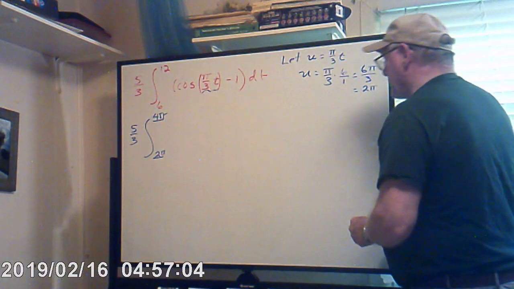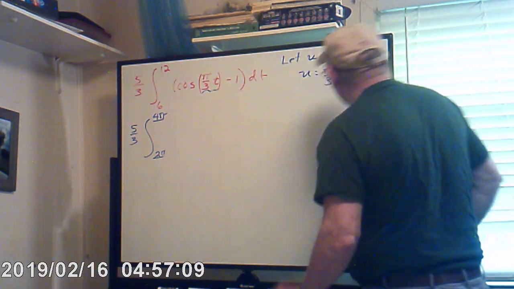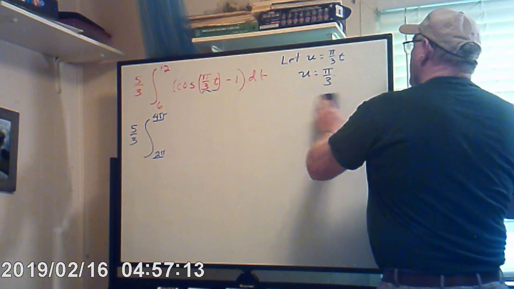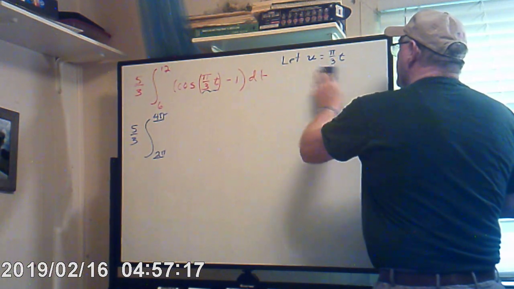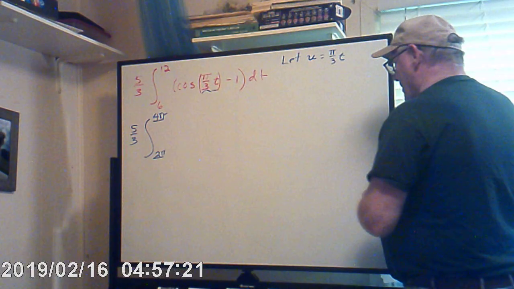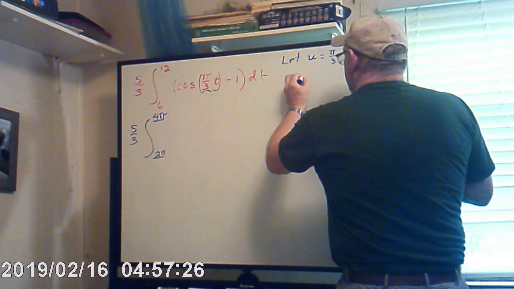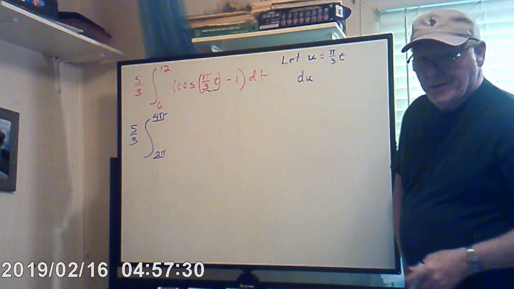Now, let u be equal to pi over 3t, keep that in mind. Well, we did that. Now, you still want to do du. The derivative of the left side is just du.